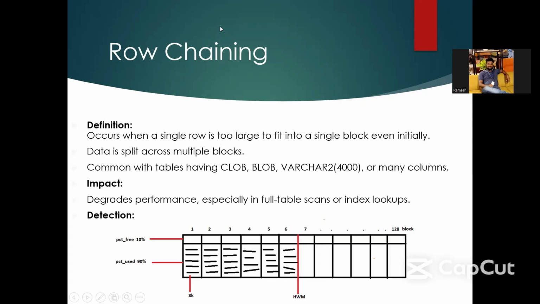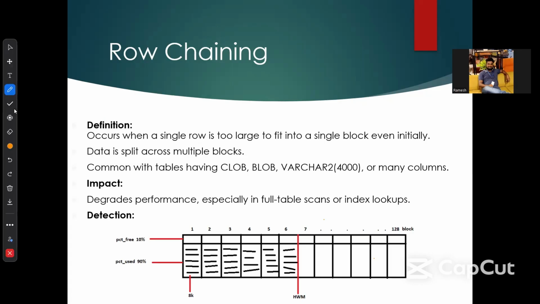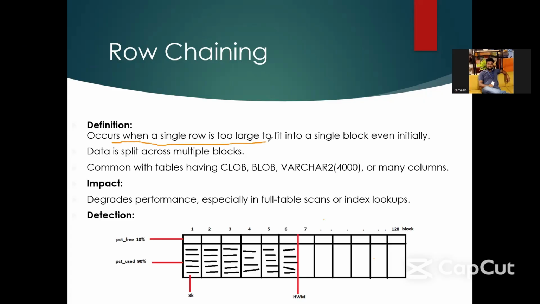Consider the same scenario here. When the row is too large for a single block, the data is initially split across multiple blocks.